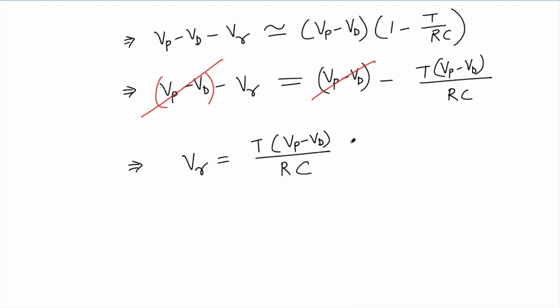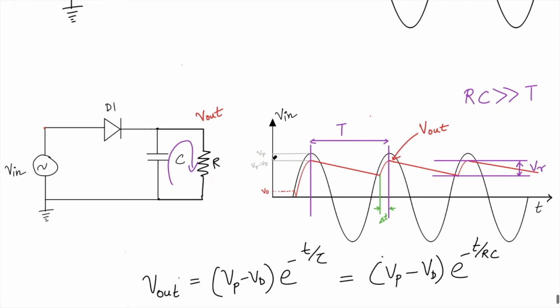Let's call this VP minus VD to be VM. So let VP minus VD be equal to VM. What it means is the maximum voltage which is occurring, the amplitude of this half wave rectified output, is VM.